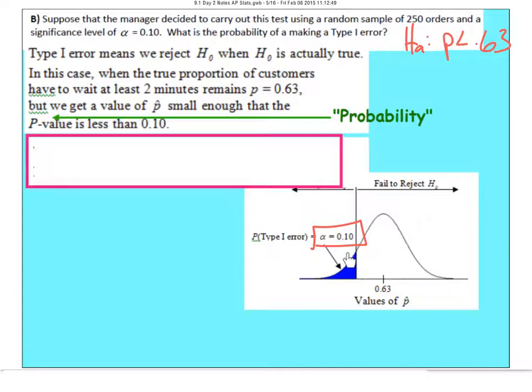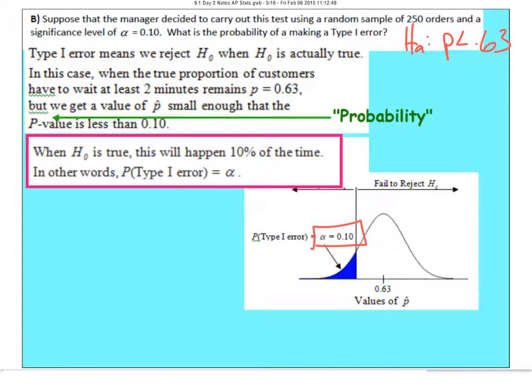So this right here is actually called the type 1 error. Even more so, if alpha was set at 10% and everything below alpha is my rejection region, that's also my type 1 error. So really, it just comes down to this: the probability of the type 1 error is the actual alpha that I choose. Fine.